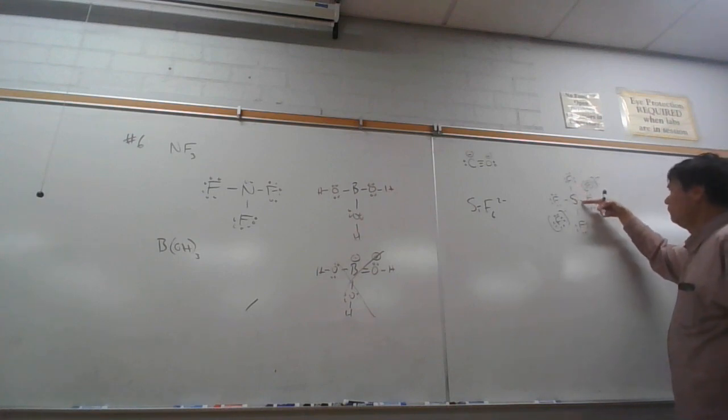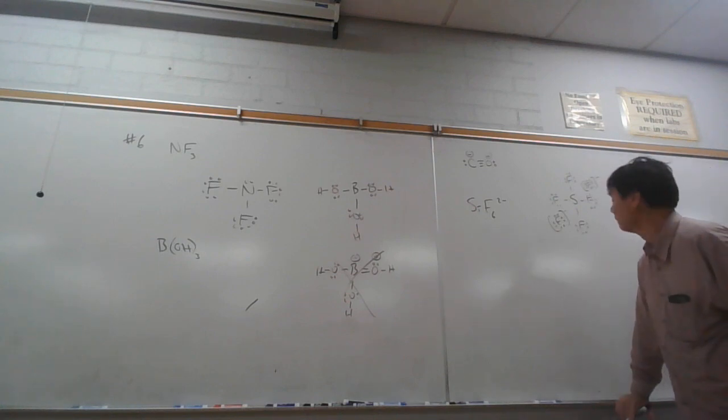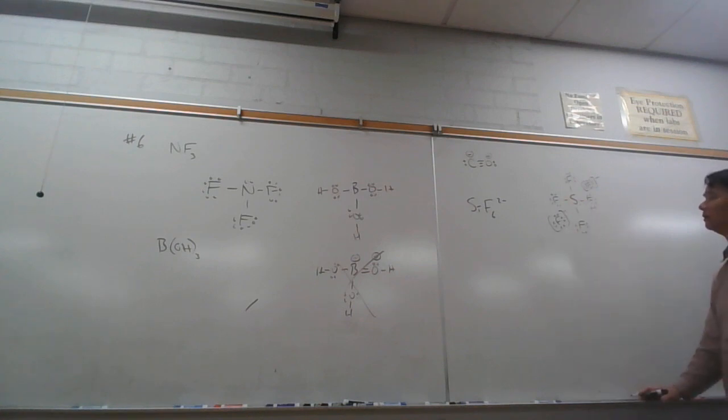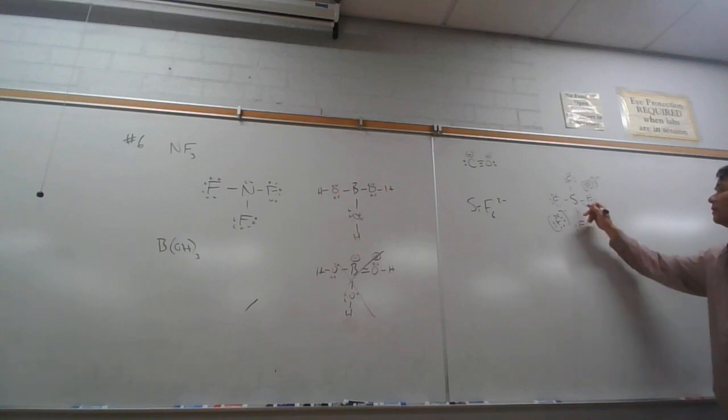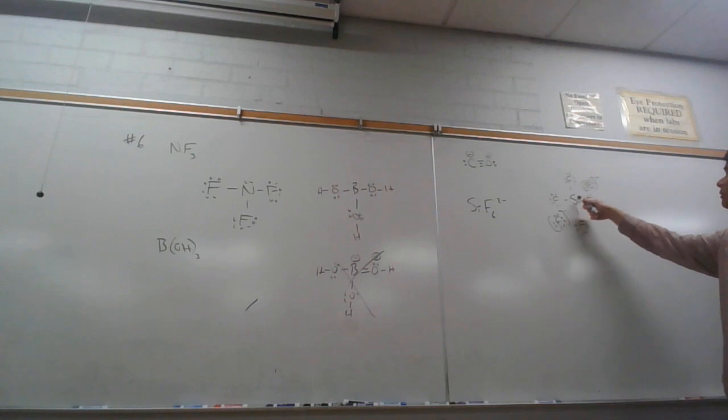Okay, the formal charge is going to be 0. Or no, it's not 0. What is the formal charge on sulfur? Oh, it's supposed to be silicon. Oh, silicon, sorry. What would the formal charge on silicon be? 0. So this is kind of weird for the bonding.